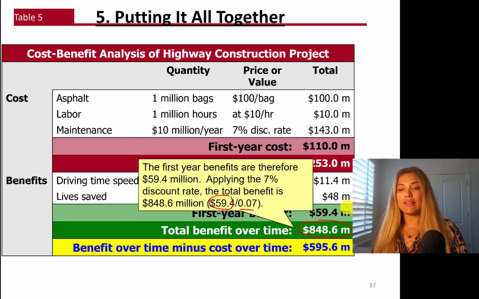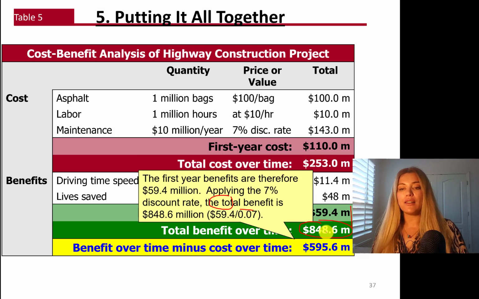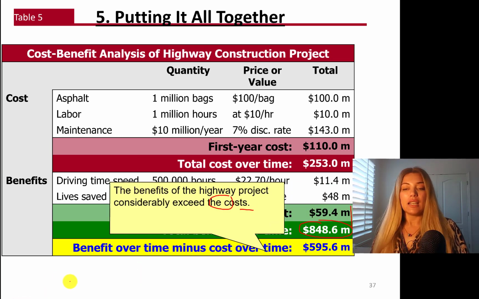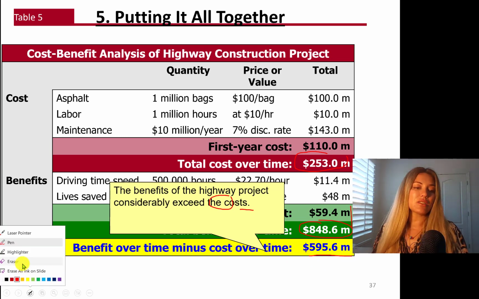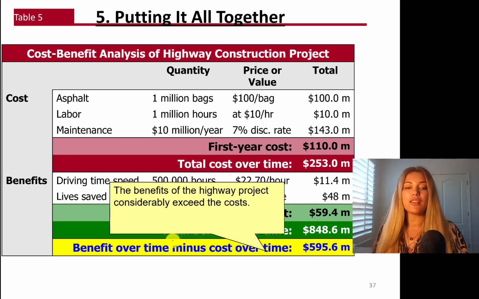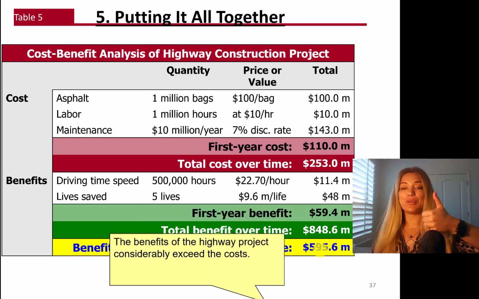It's the entire infinite sum. Minus the cost, 848 minus 253, you get something like $595.6 million. This is the benefit over lifetime for this project. So this project will be approved.